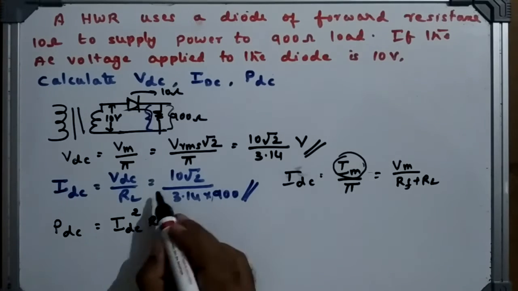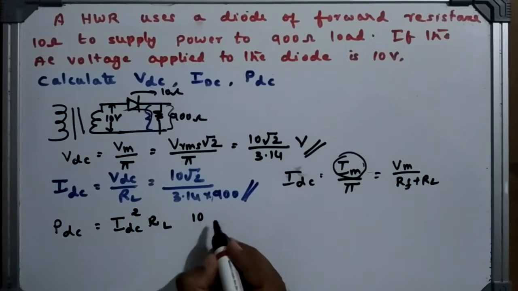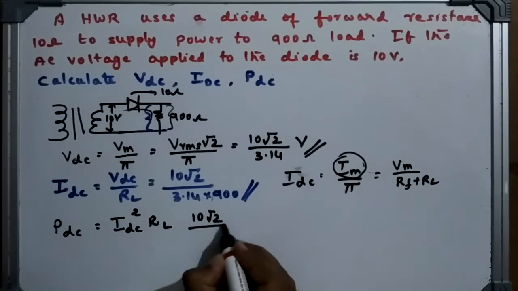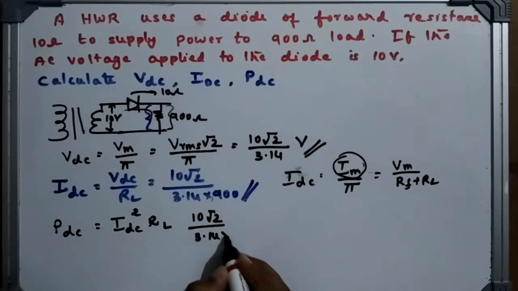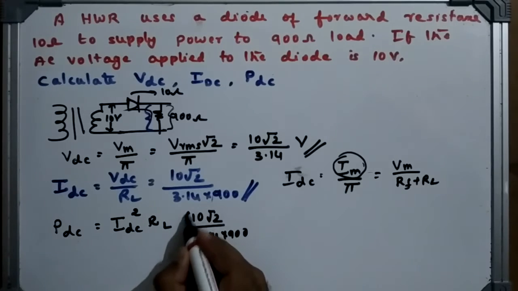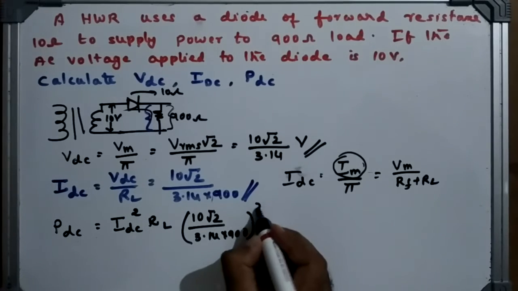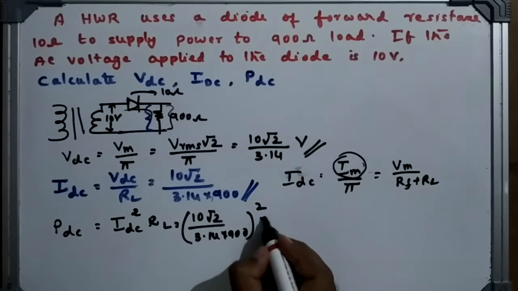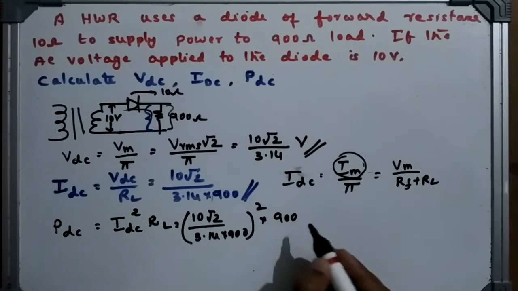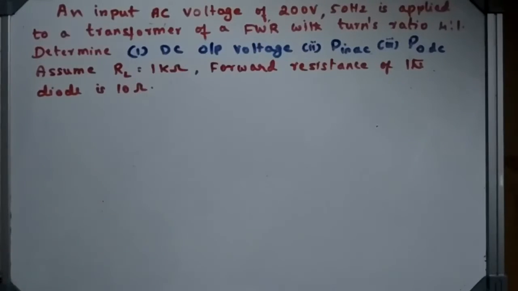IDC you have already calculated, that is 10 root 2 divided by 3.14 into 900, square, into RL, which is 900. So this much watt.